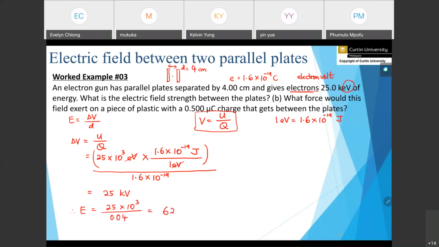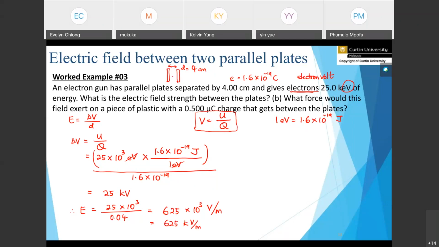So you get 625 volt per meter. Or you can say 625 kilovolt per meter. So this is how we get the electric field between two parallel plates.